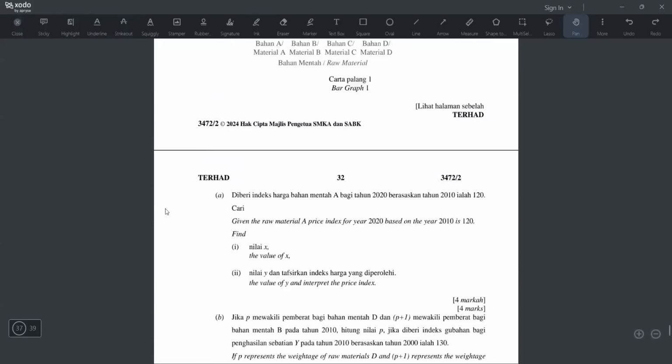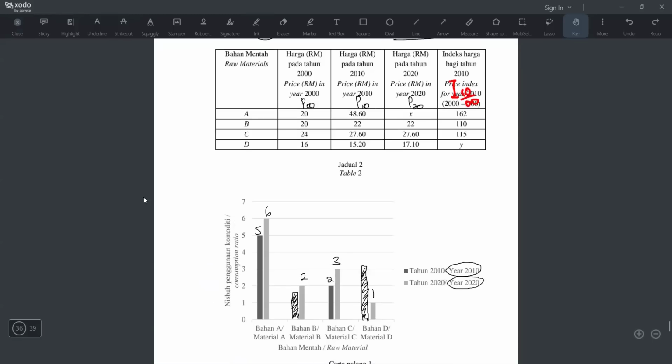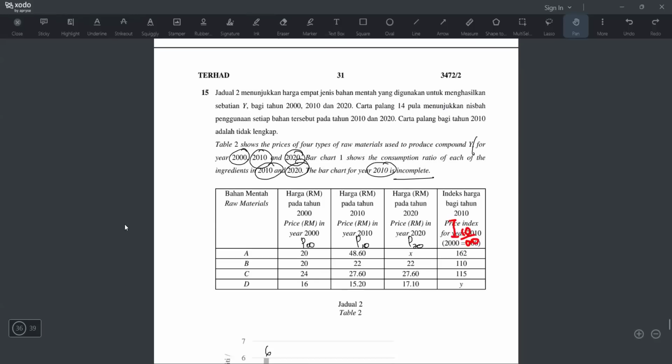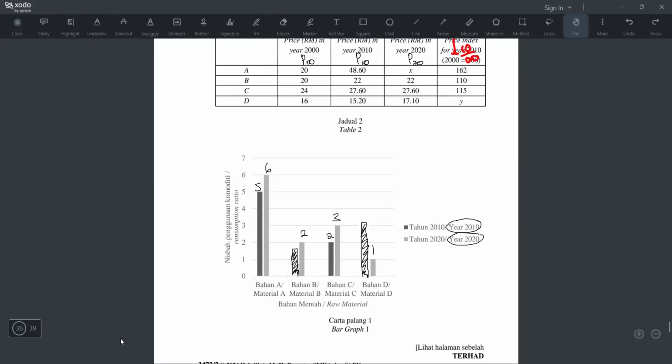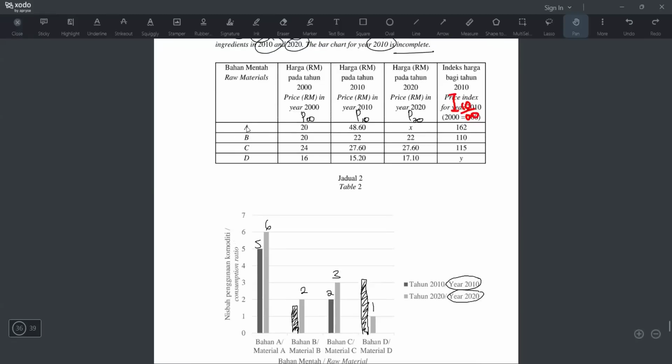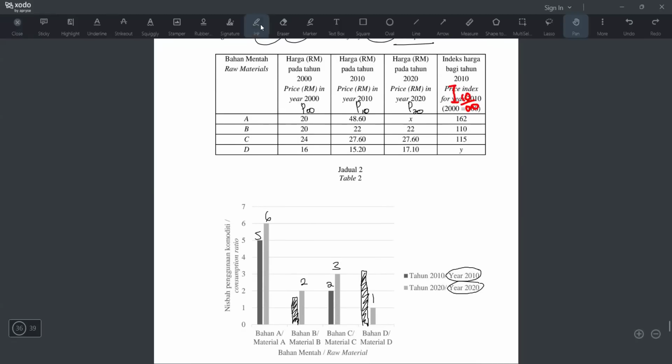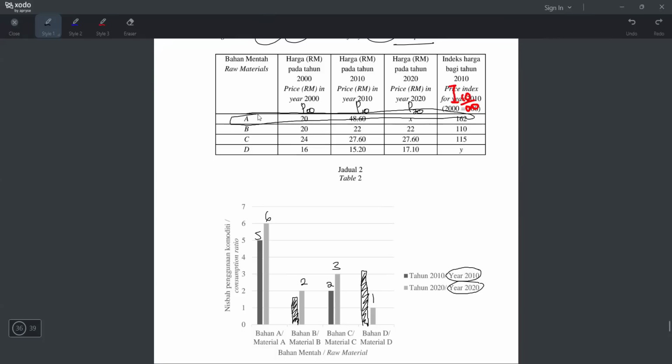Okay, let's read A now. So the A1, I'll do it up there later. Okay, let's read the question. Given the raw material A, oh, the other part mentions A, right? The other part mentions A. So later when I do this question I can only look at this row, because it mentions A. Okay, so let's see.